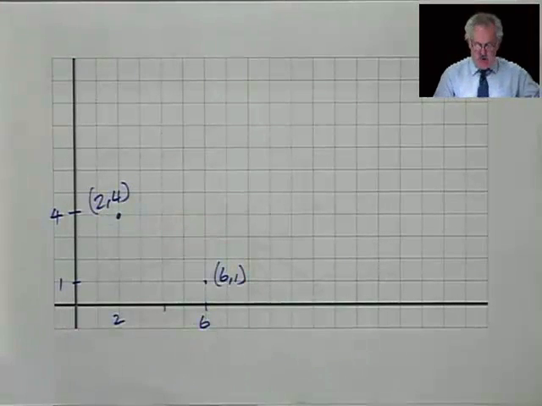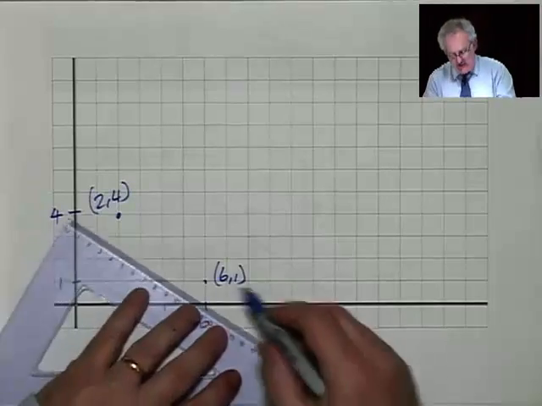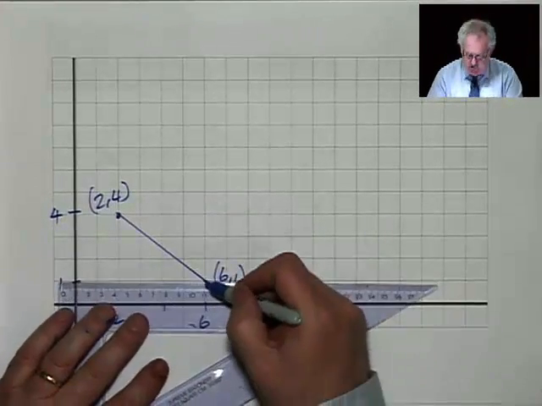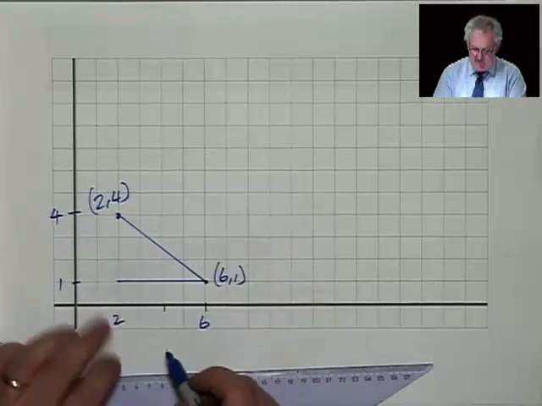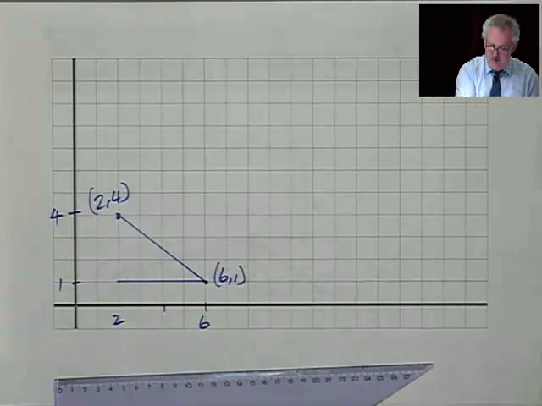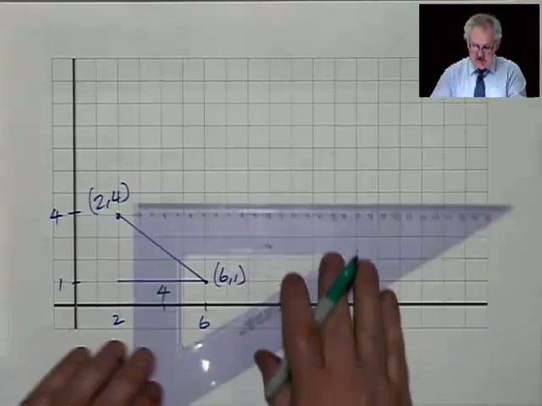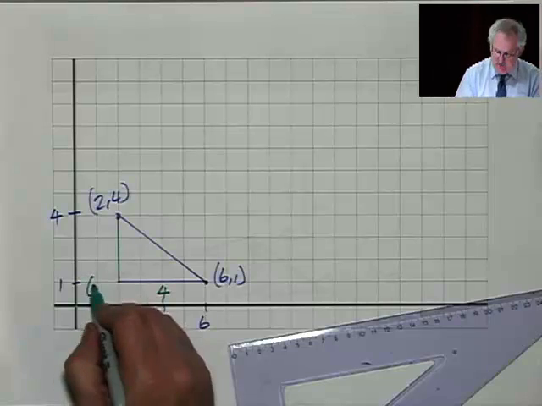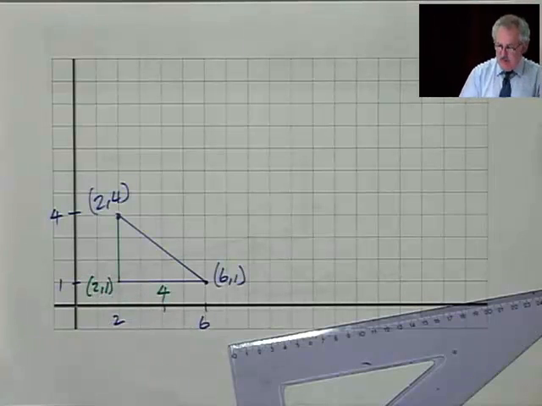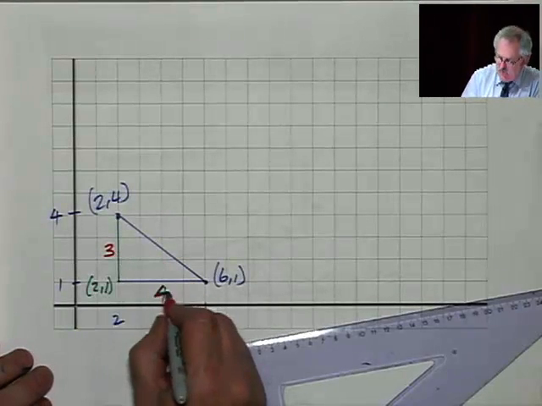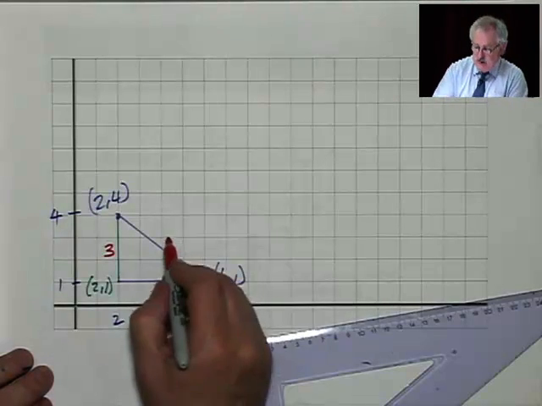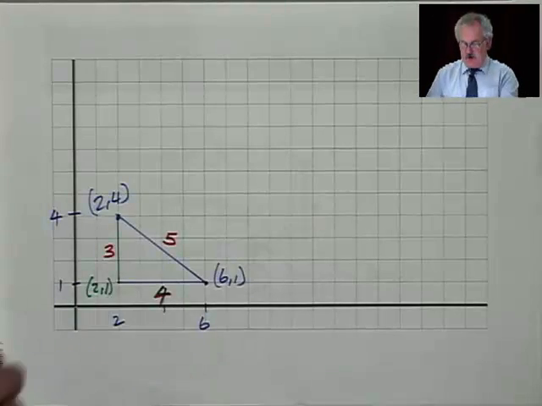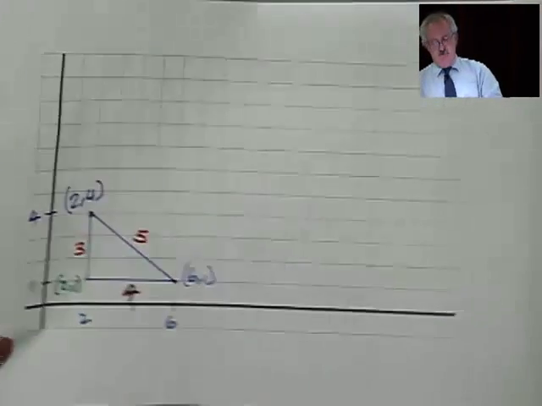Well, I'm going this distance. But on the horizontal and the vertical, I can say this distance here from 2 to 6 is a distance of 4. And this distance here from the 4 to the 1, because this is the point 2, 1, is 3. So that's 3, and that's 4. This must be 5. So from 2, 4 to 6, 1, it looks like I've got 5.